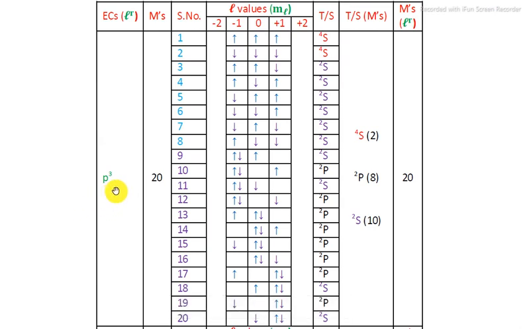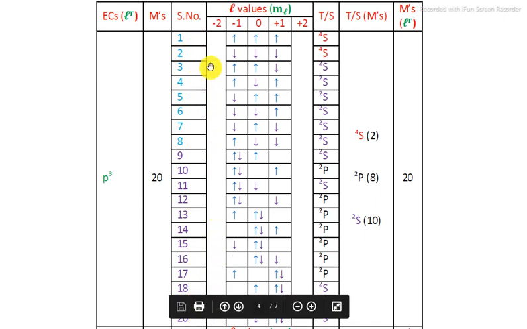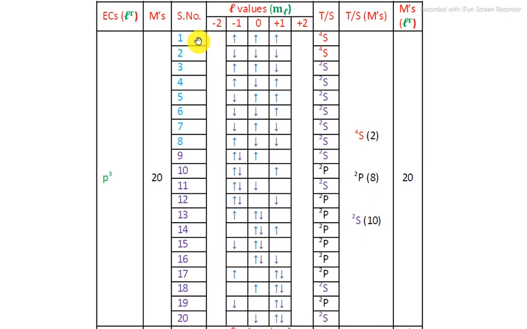For P3 electronic configuration, number of microstates 20, serial number 1 to 20. Microstates from 1 to 8 are the three electrons unpaired only.